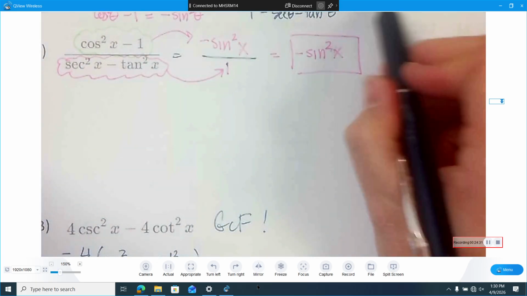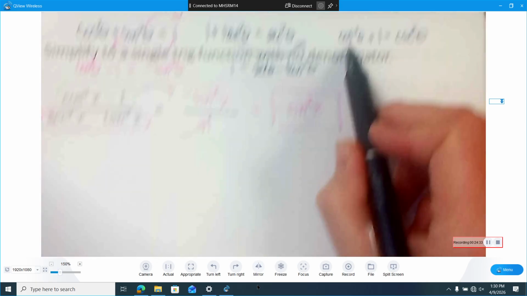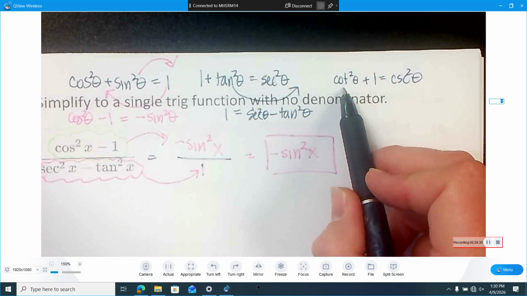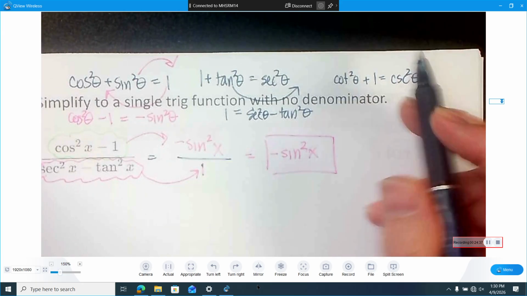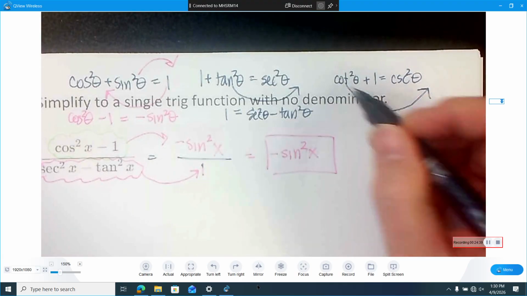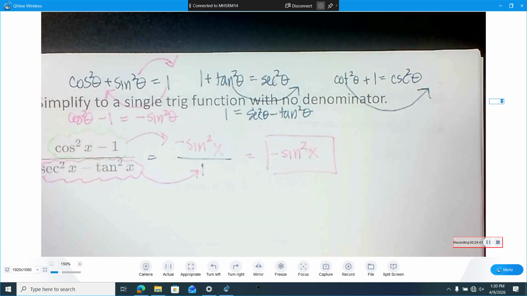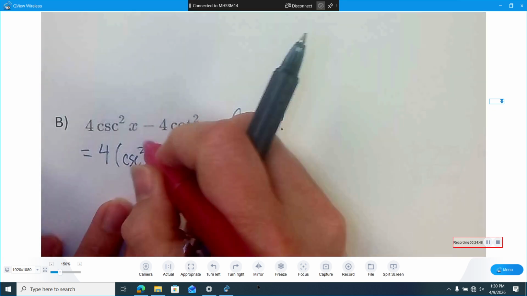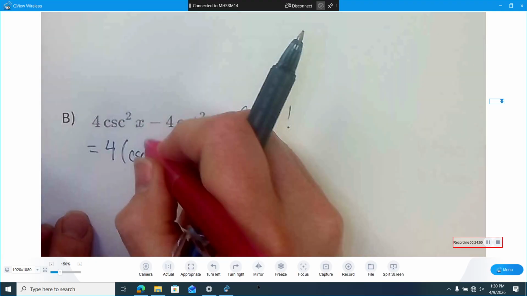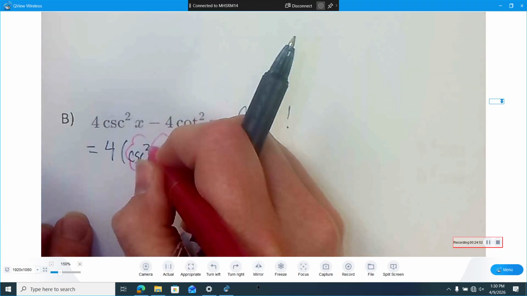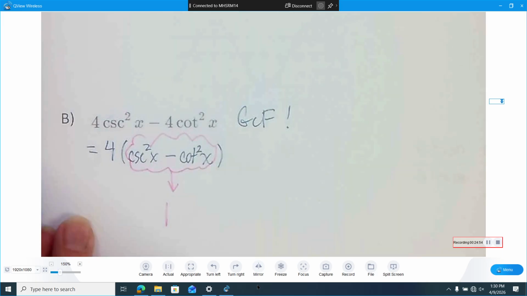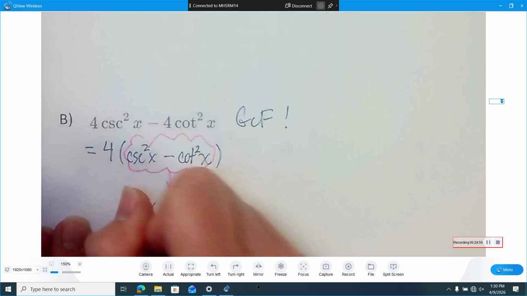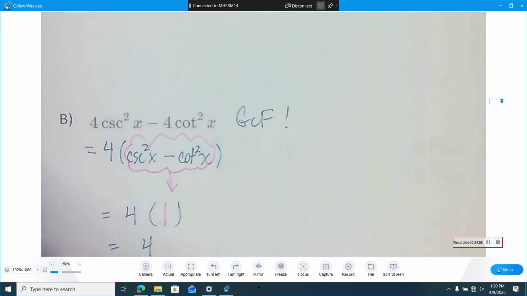Going back up here, there's a cosecant and a cotangent. Yeah, we can subtract that cotangent to the other side. So cosecant squared minus cotangent squared, what does that equal? Just 1. That becomes just simply 1. So it's just 4. Crazy.